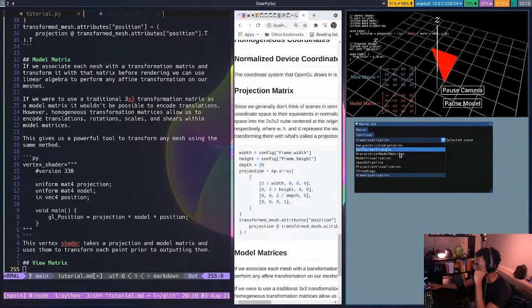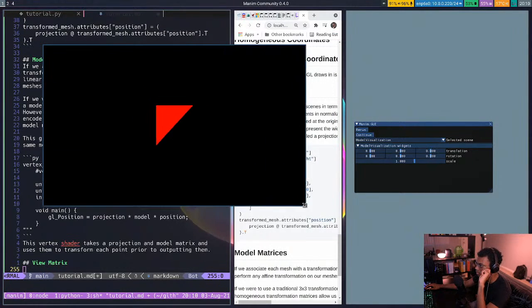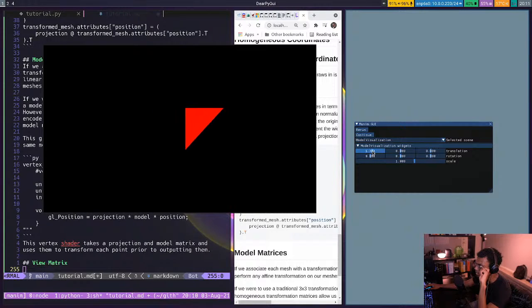Because if I was trying to motivate it, I would say, okay, so imagine we wanted to transform this object in response to a camera being moved. Now, if the camera moved in the positive x direction, the model would move in the negative x direction. Now, if the camera rotated around the positive x-axis, the model would rotate around the negative x-axis.